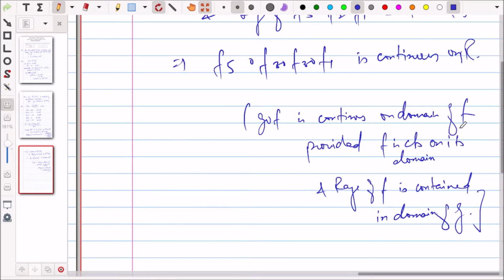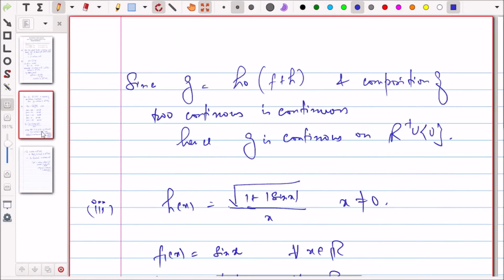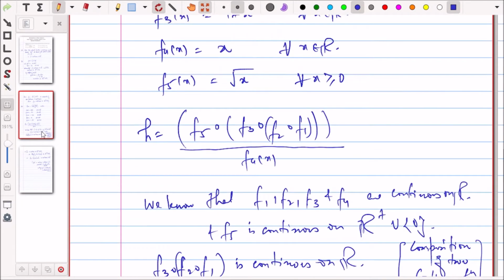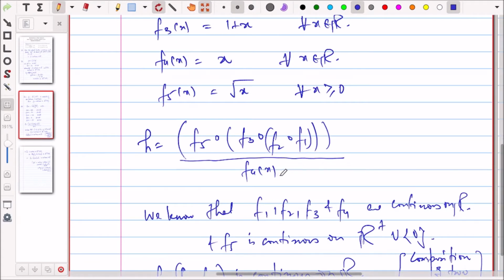So because of this theorem that composition of two continuous functions is continuous, this is continuous on R. Now the denominator is defined for every x not equal to 0.